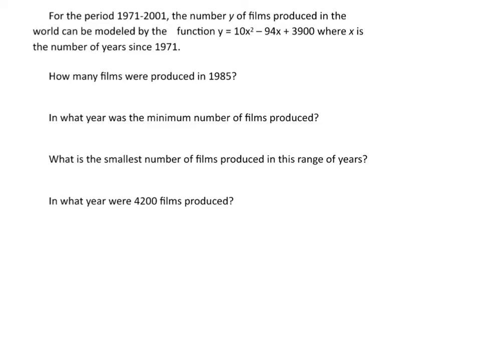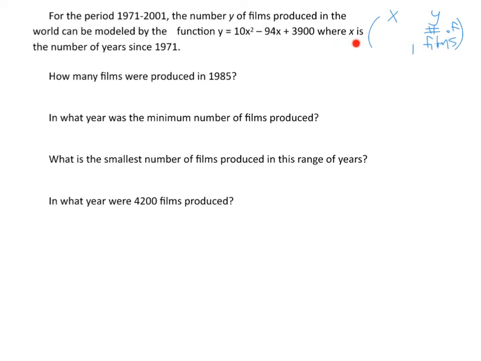Now before I get into the questions, and we've talked about this in a previous lesson, we want to definitely understand what our variables x and y represent in this situation. So it says up here that y is the number of films produced in the world. I'll just write number of films. What is x?